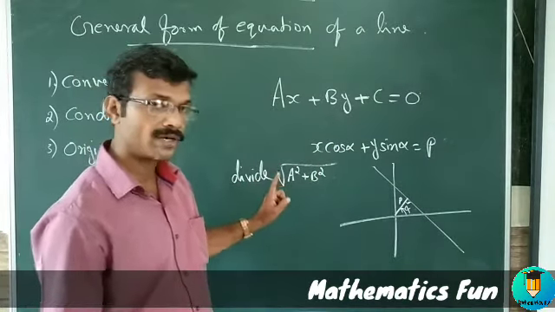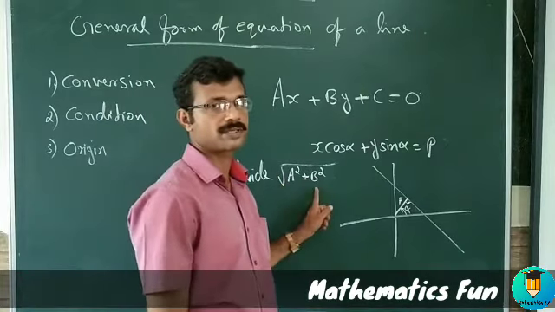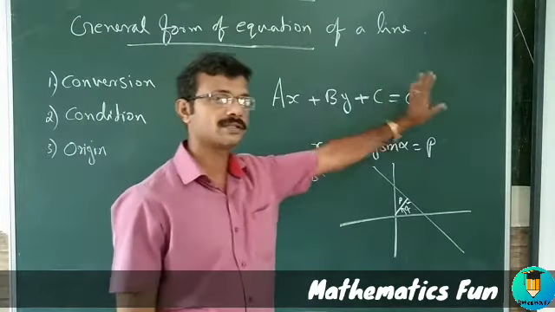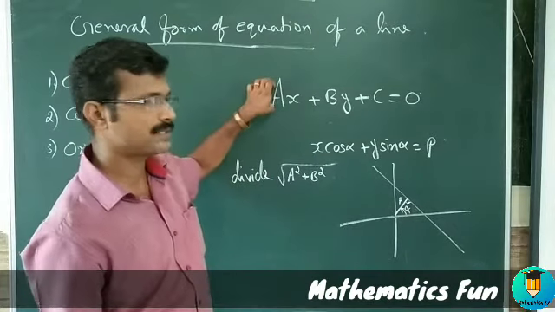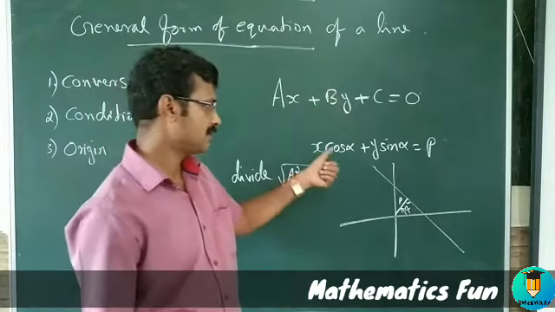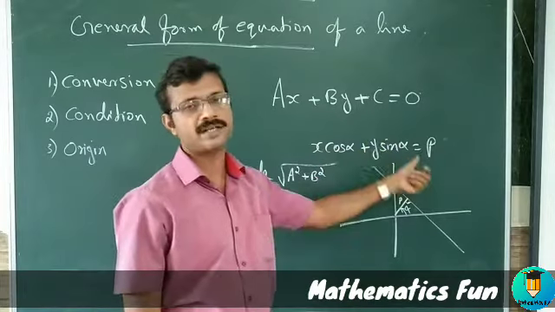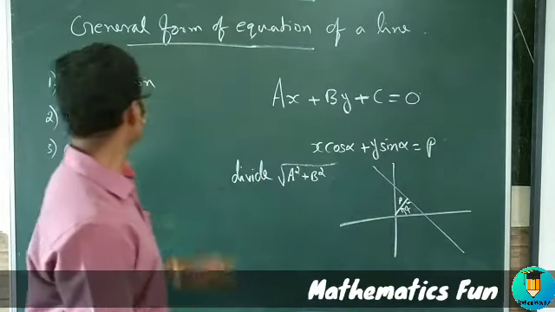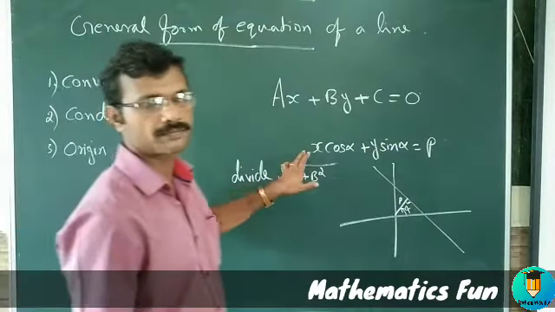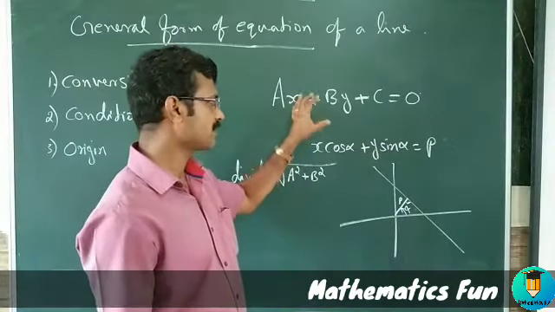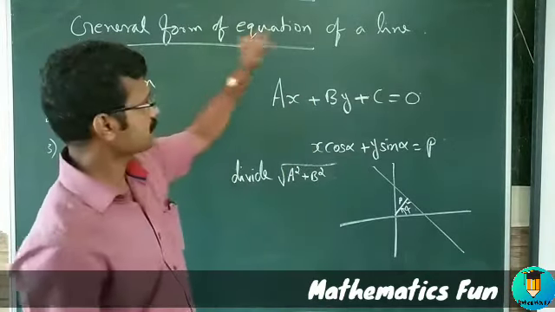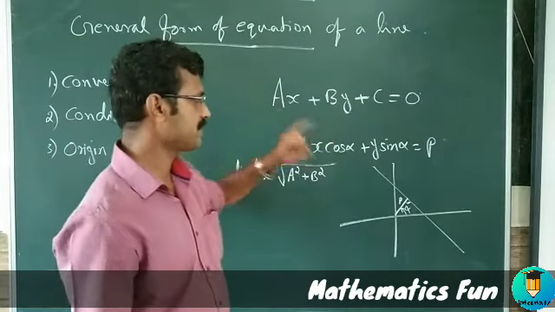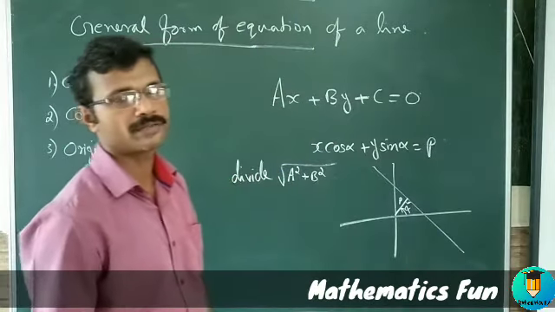Main thing is we will divide by under root a square plus b square and then make the constant part positive. After that we will replace the coefficients of x and y with the cos alpha and sin alpha form. When we do the sums, it will become clear for you. So that is the main new thing for you, the conversion of the general form into normal form.